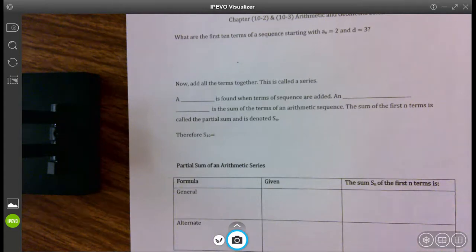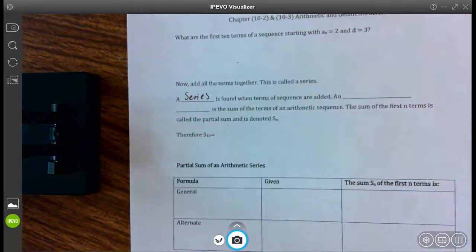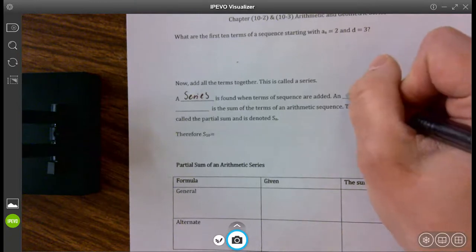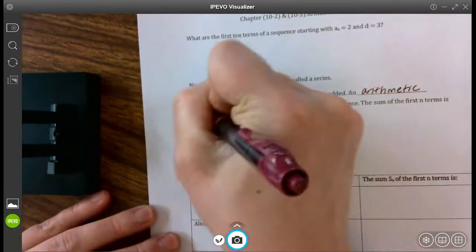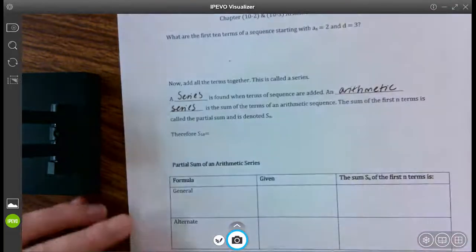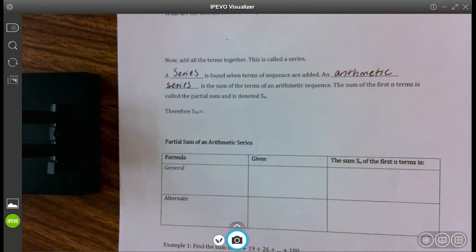It says a series is formed when terms of a sequence are added. An arithmetic series is the sum of the terms of an arithmetic sequence. The sum of the first n terms is called a partial sum or summation and is denoted S sub n.